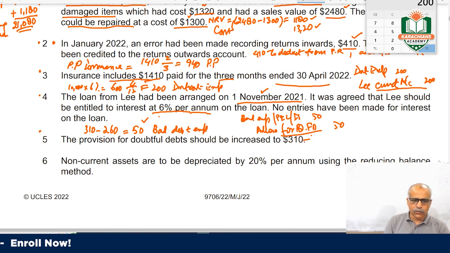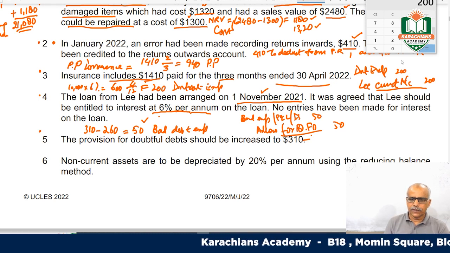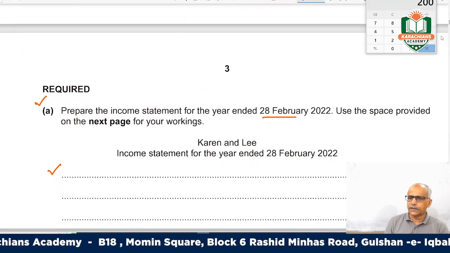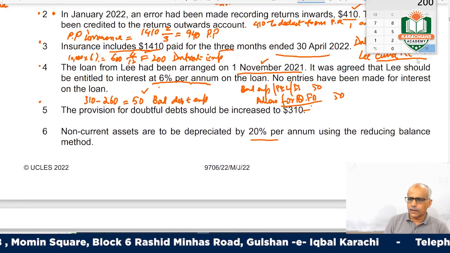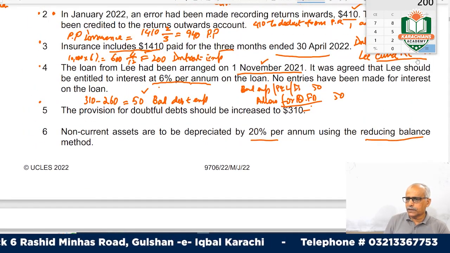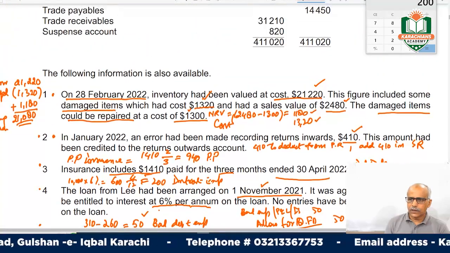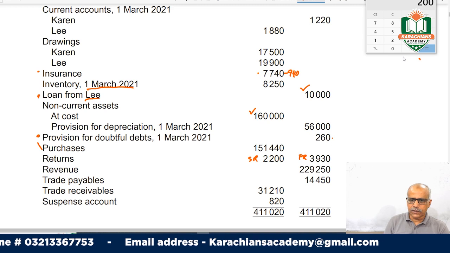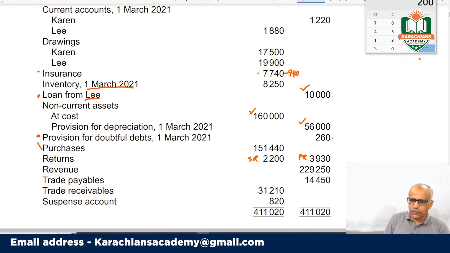So the last one: the non-current assets are to be depreciated at 20% per annum using the reducing balance method, okay? So no problem, we can move on, and we can see 160 is the cost and 56,000 is the accumulated depreciation.